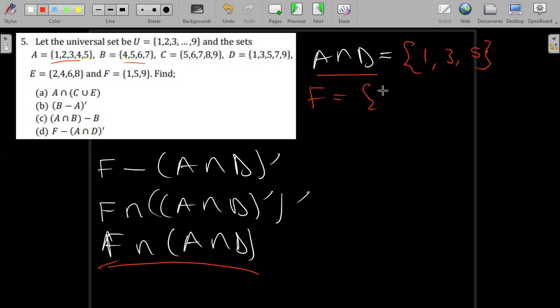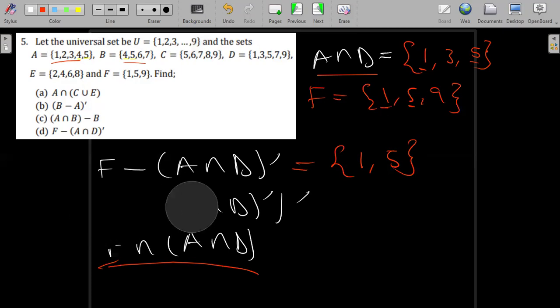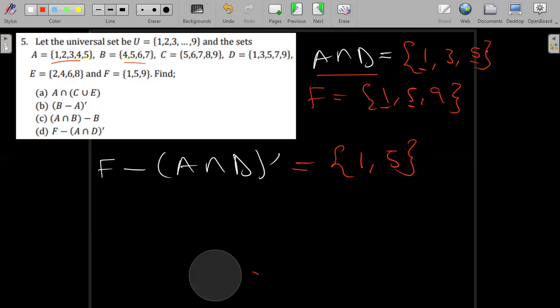The set F is just 1, 5, and 9. So what elements are common in both sets? There's 1, there's 1 there, there's 5, and there's 5 there. So that is what is common. So this is just going to be equal to 1, 5. So that's the answer there, 1, 5. Okay, do I have any questions here?